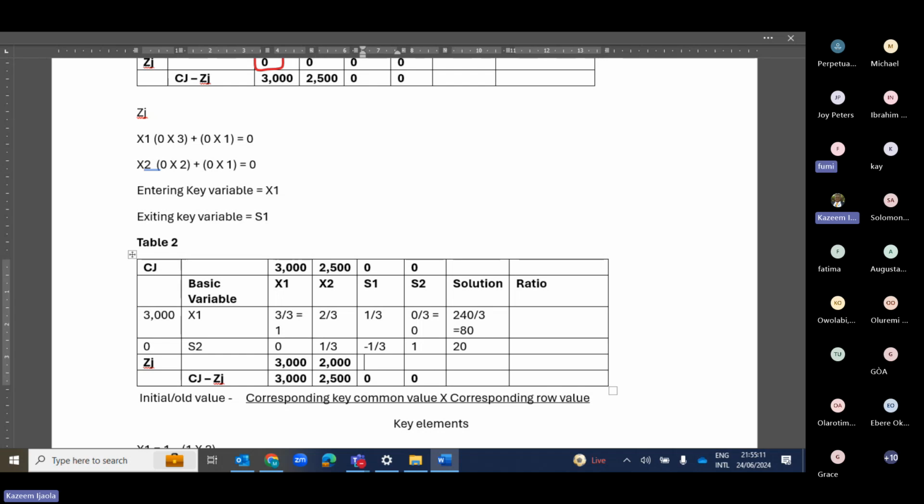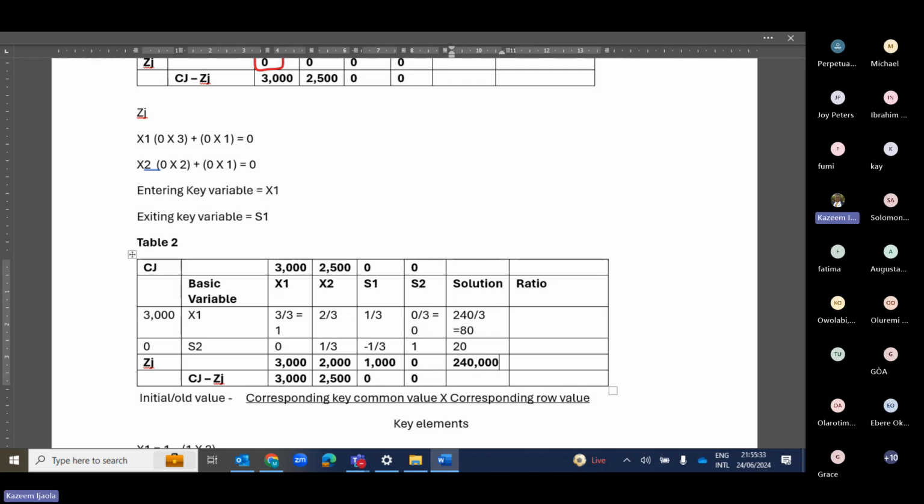Then ZJ for this one is 3,000 times 1/3, which should be 1,000. This one will be 0. What about this one? 3,000 times 80 is 240,000.